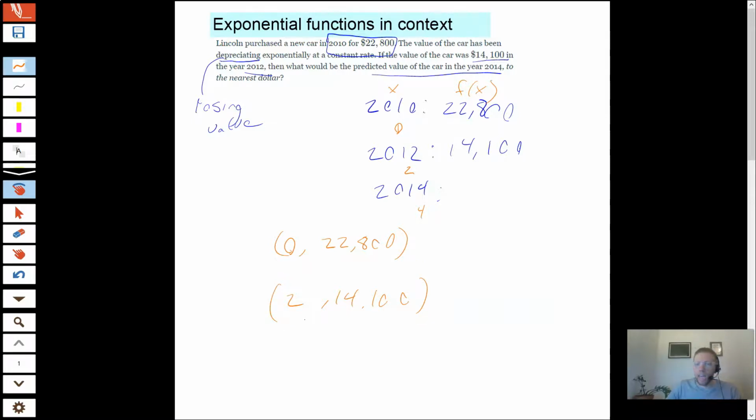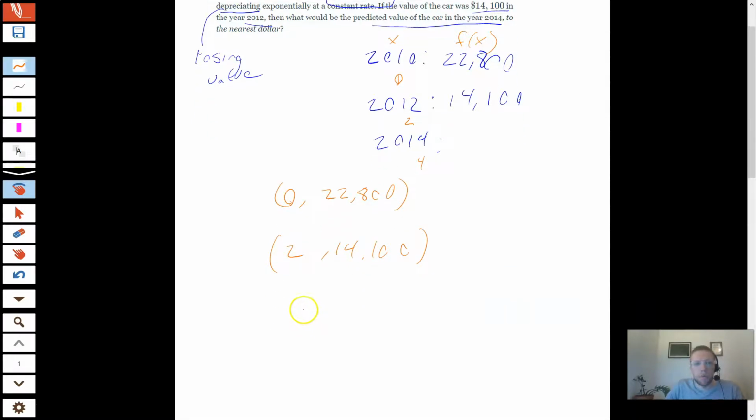And then we just do essentially what you did in the last lesson. Because this is our 0, 22,800 is our a. So I already know that from this first point, I get y equals 22,800 times b to the x, just because it's a 0 there.